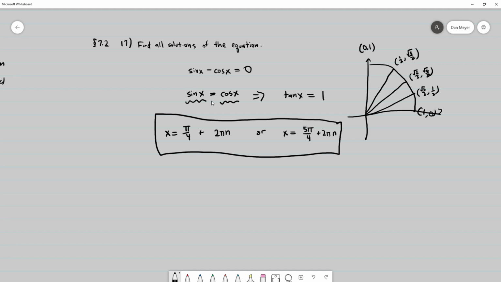And like we talked about the other night, if you want to write down the sines and cosines and tangent, cosine is the x value, and sine is the y value.